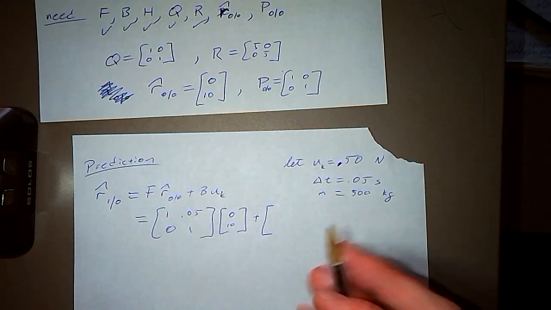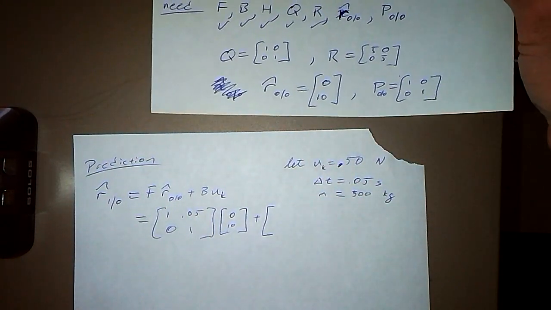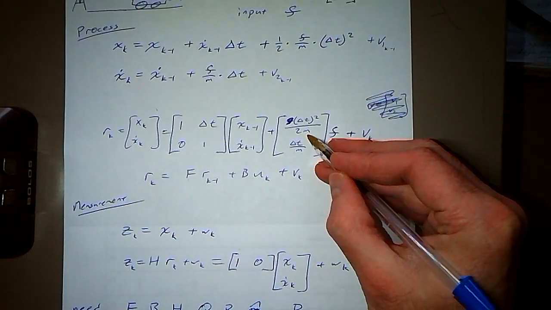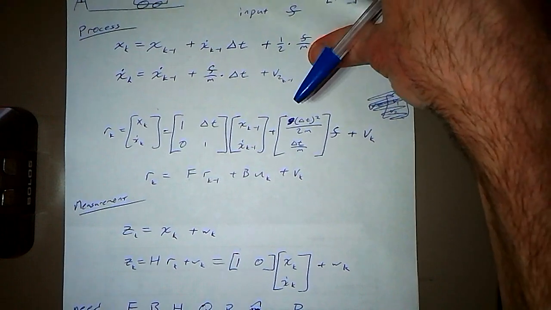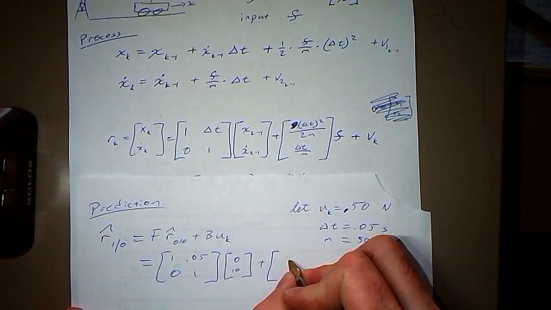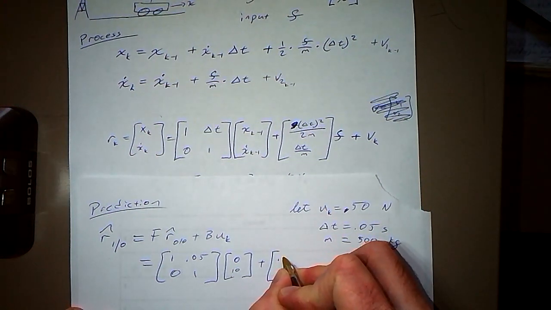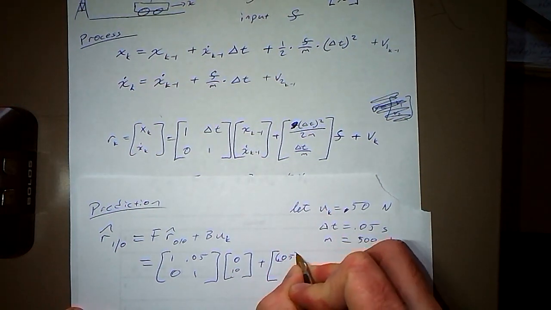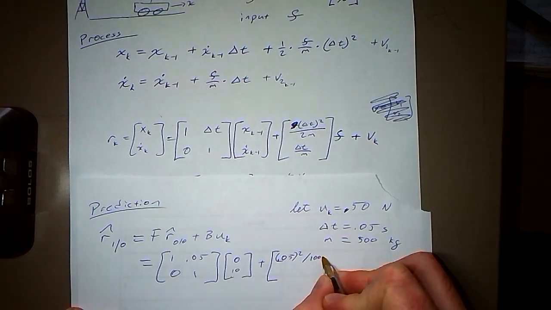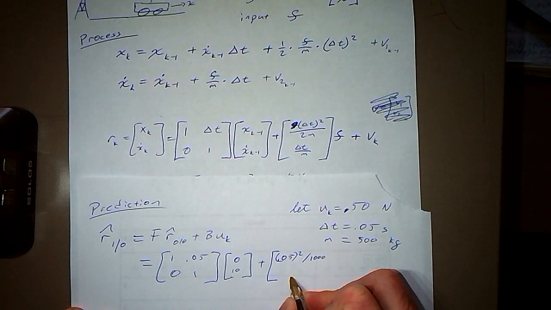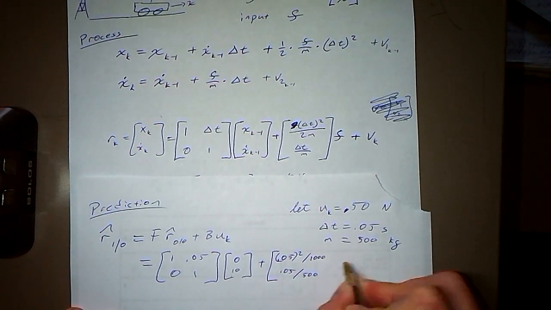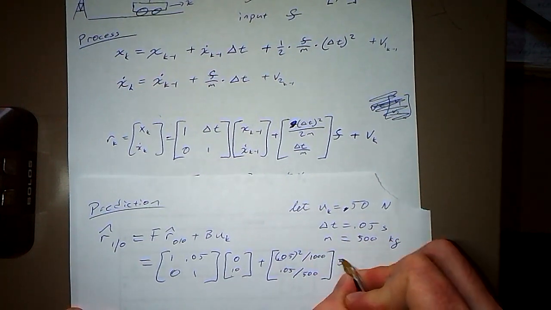Now we have the B matrix, so here's the B matrix, delta T squared over 2m. So 0.05 squared divided by 1,000. And then the second row is 0.05 divided by 500. And then multiply that by 50.